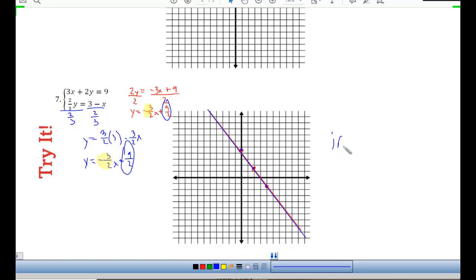So these have infinitely many solutions. Okay, so parallel lines have no solutions. The same line, same equation has infinitely many solutions.